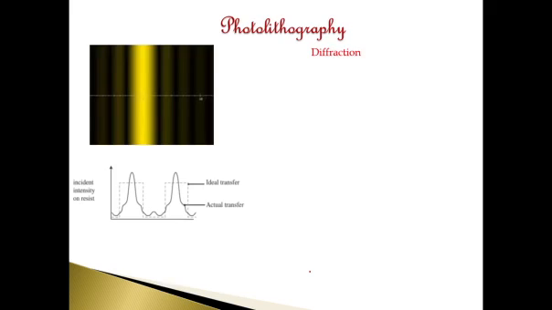Now there are two things to be checked during photolithography. The first thing that could affect the structure features is diffraction. As you know, if you consider the incident light, it will have a higher intensity towards the center, as it is a Gaussian kind of intensity profile. So we would expect it to have a perfectly vertical nature, but actually it would be a pattern like this.